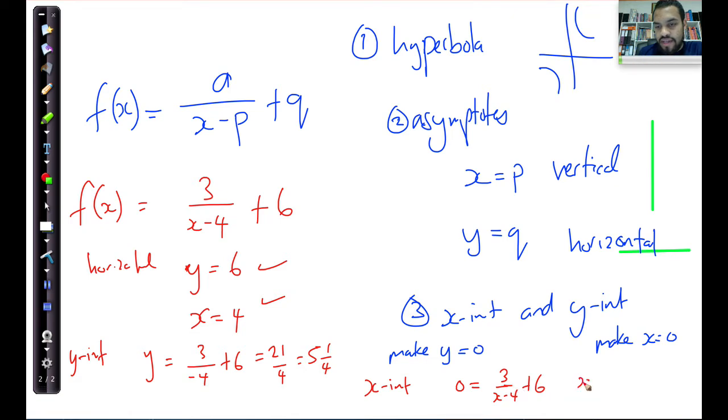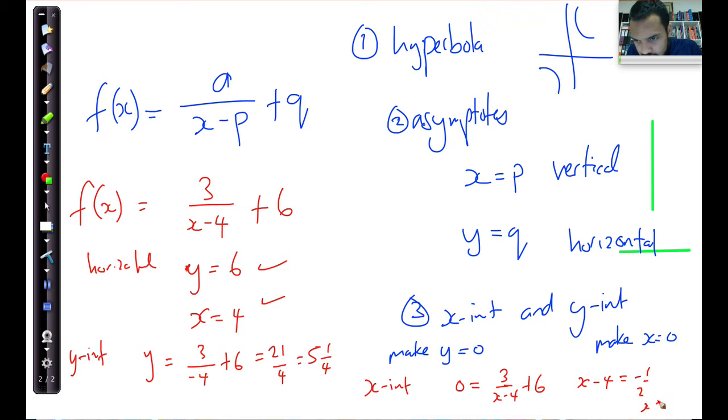You'll get x minus 4 is equal to, bring the 6 below, minus a half, and then you're going to just take that over, you're going to get 4 minus a half, x is equal to 3.5. Okay, I'm writing in the very corner of the trackpad here.